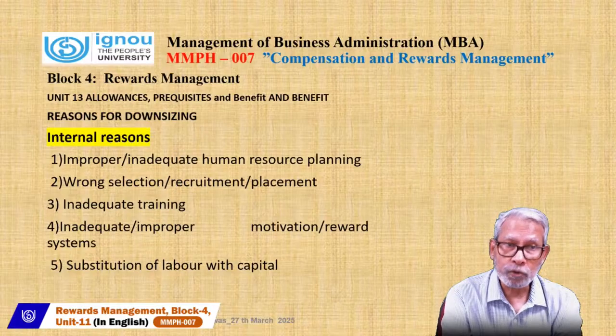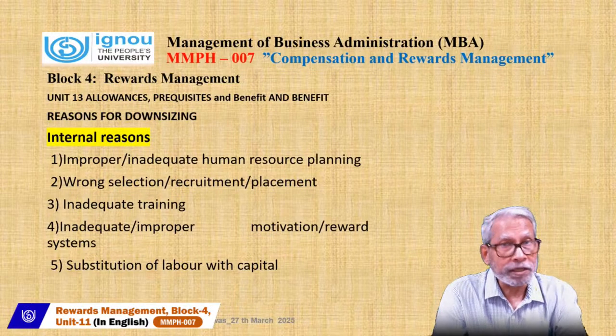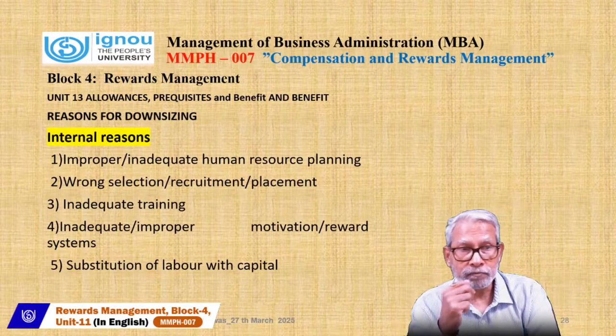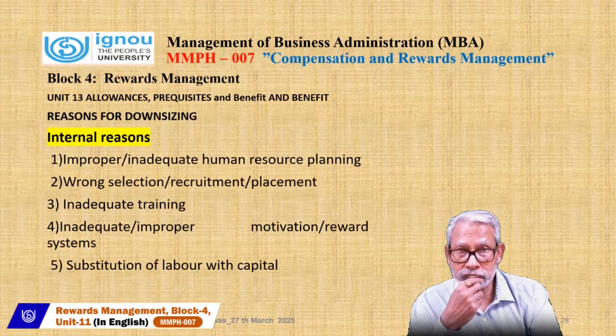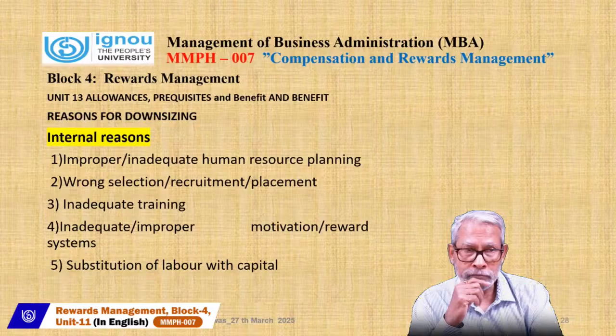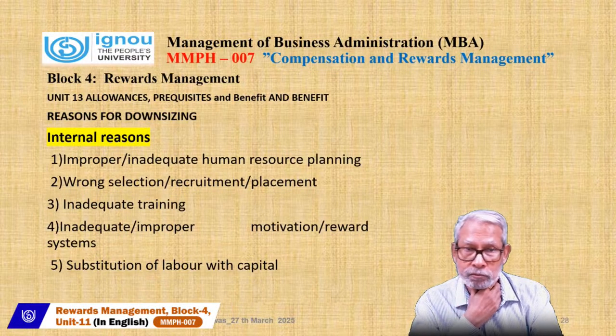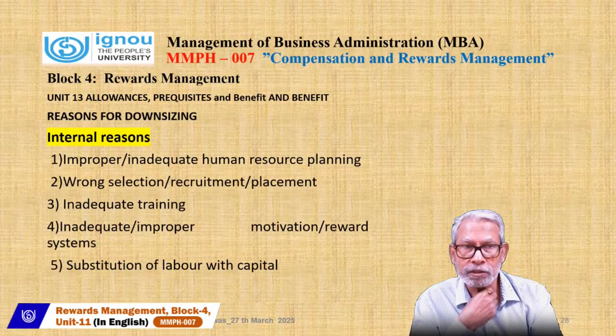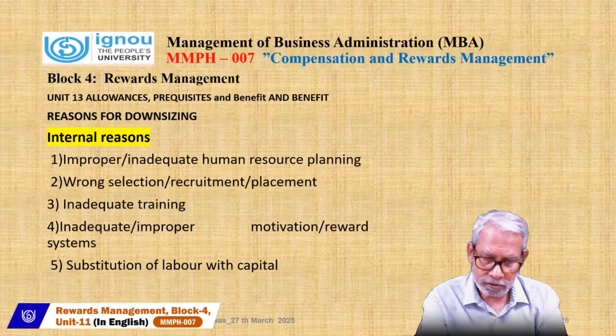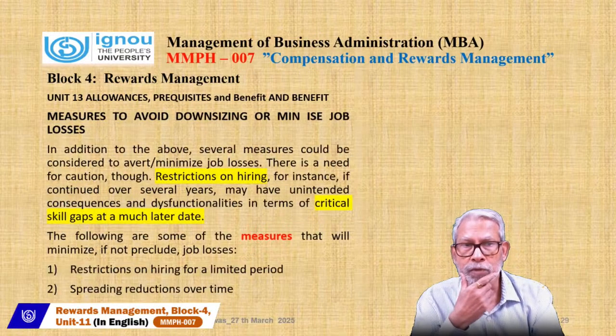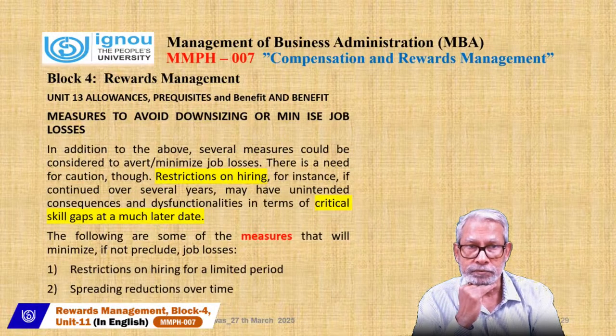What are they? Improper or inadequate human resource planning, wrong selections, inadequate training, maybe the training is not there, improper motivation, or maybe some reward system is also not there. These are all internal reasons. Then how to avoid downsizing?